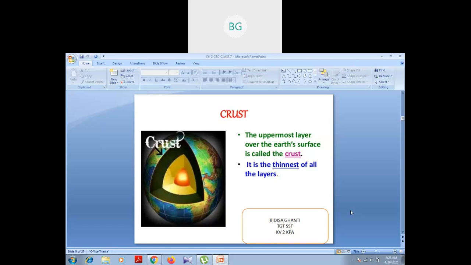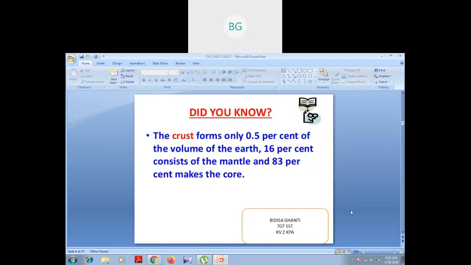Like this, the uppermost layer of the Earth is known as the crust, and this is the thinnest of all the layers. And there is some information regarding this: the crust forms only 0.5% of the total volume of the Earth.